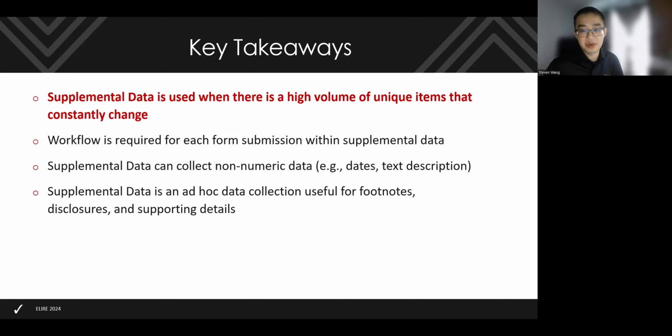Because as you know, if you were to create additional hierarchies or additional members within your current dimensionality, it really slows down your consolidation time and also your translation time. That has an impact, as opposed to using supplemental data. It's more, I wouldn't say a one-time thing, but when you're trying to collect the information, these are pretty unique.